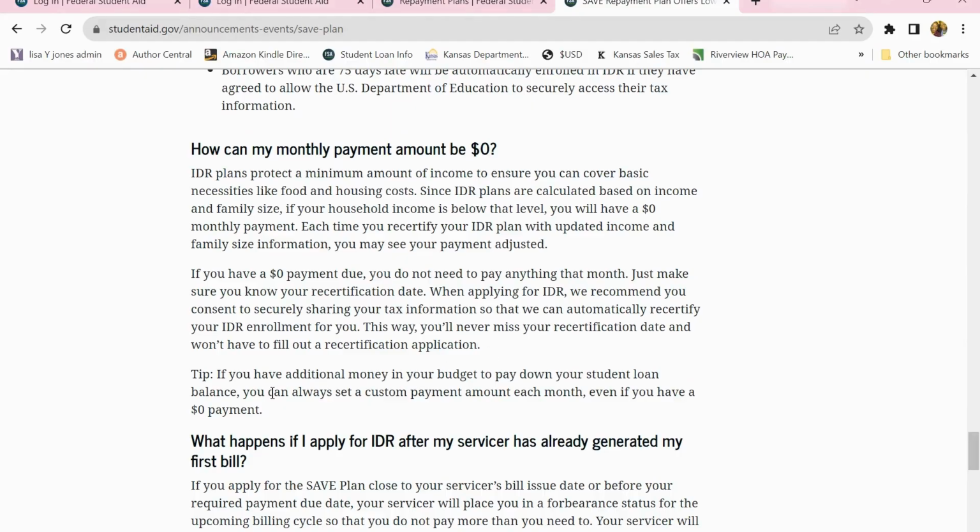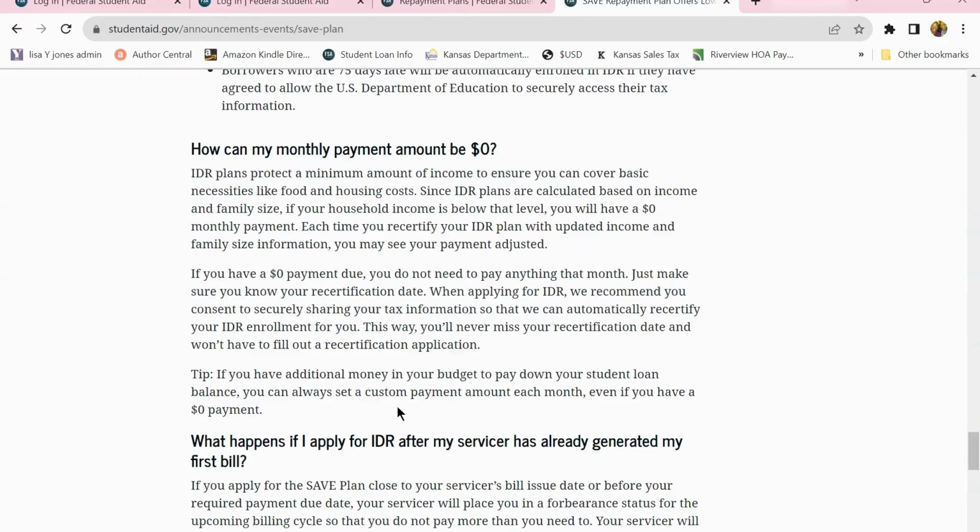And then this is important. It says if you have additional money in your budget to pay down your student loan, you can always set a custom payment amount each month, even if you have a zero payment. That is freaking awesome. This is new.